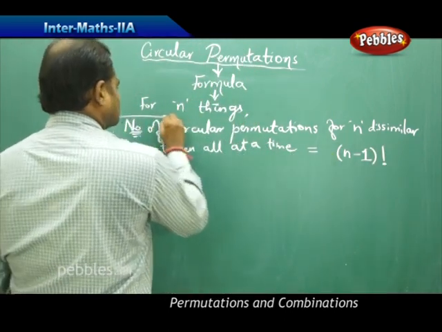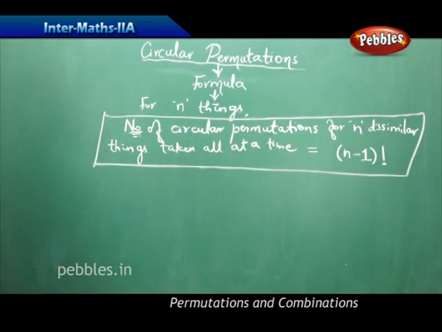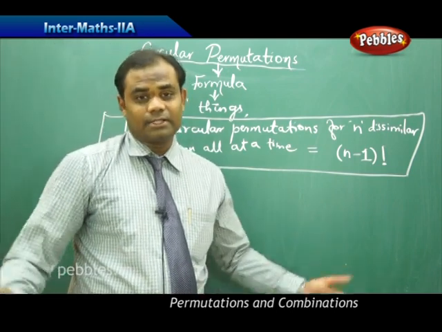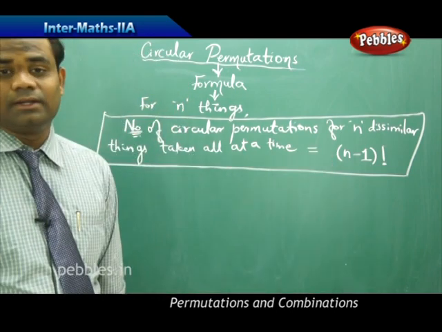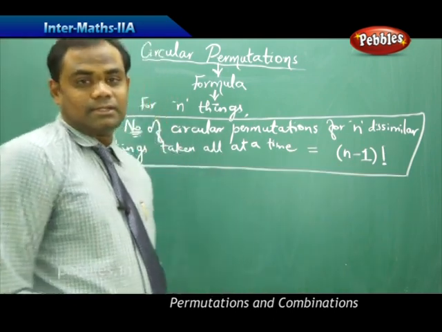So this is the formula for finding the number of circular permutations for n dissimilar things taken all at a time: it is given by n minus 1 factorial.